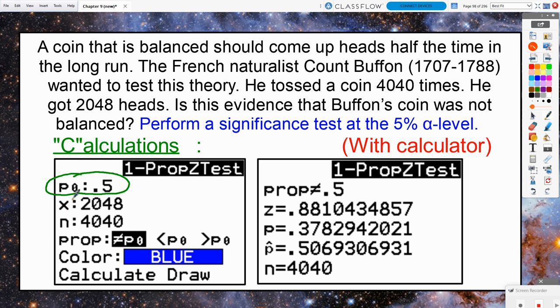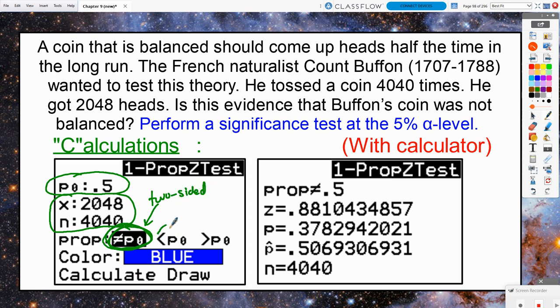Then I put in X and N from my sample: we saw 2,048 heads out of 4,040 coin flips. For the proportion, I select the first option because I don't know if I'm going to see more or less than 50% of coin flips end up heads. So this is what makes it a two-sided test.